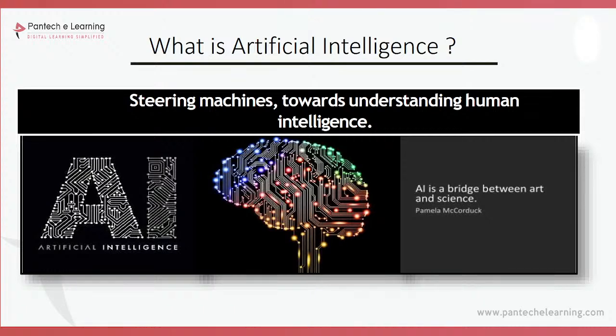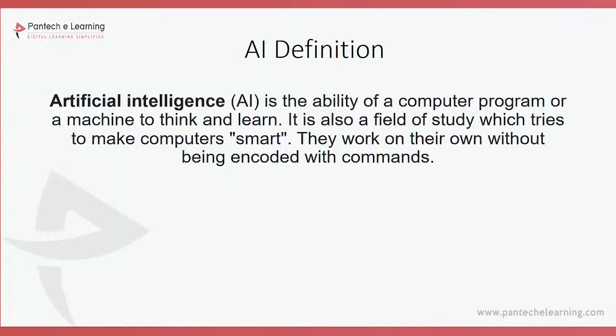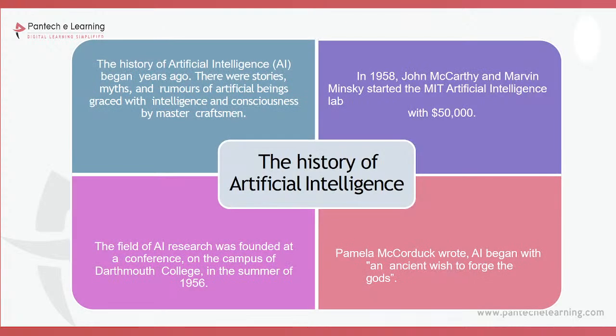Okay. Now coming to the history of artificial intelligence. The history of artificial intelligence begins years ago. There were stories, myths and rumors of artificial beings graced with intelligence and consciousness by master craftsmen.